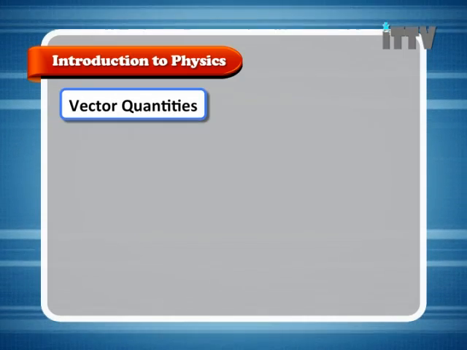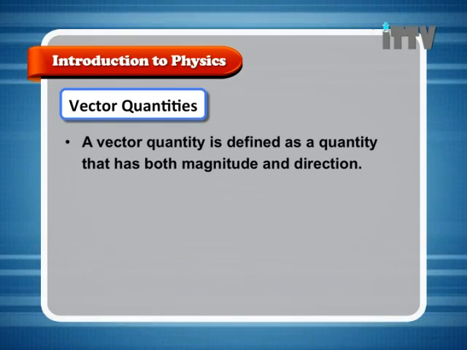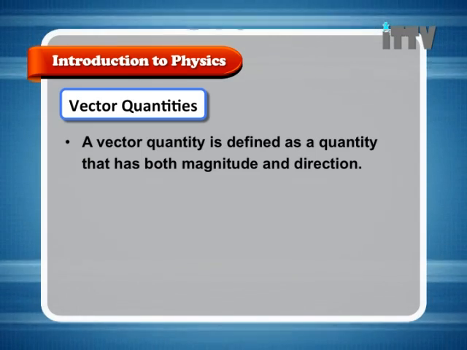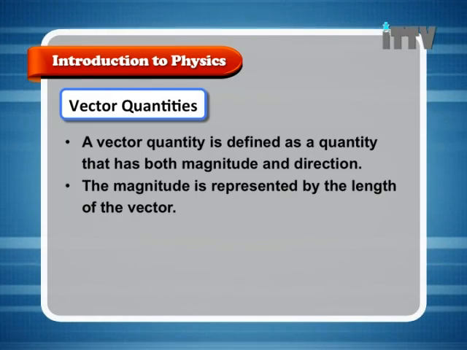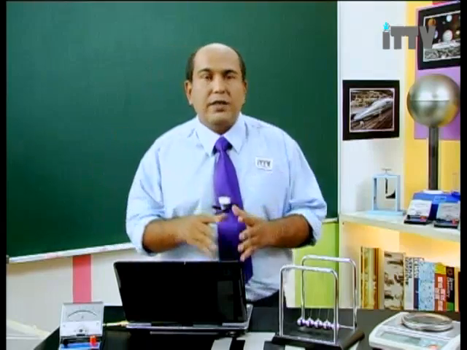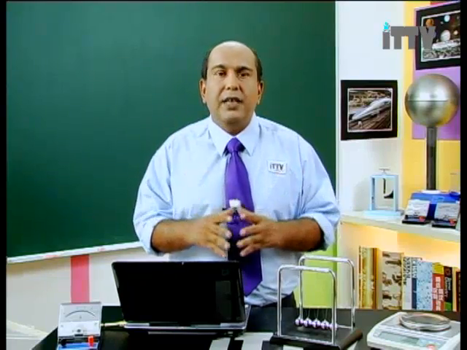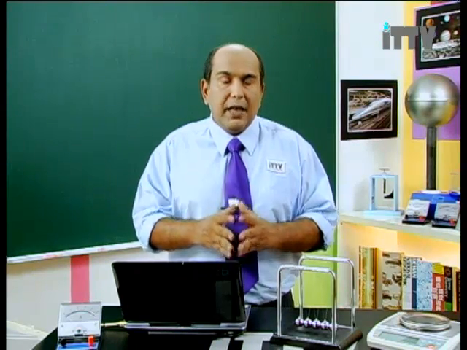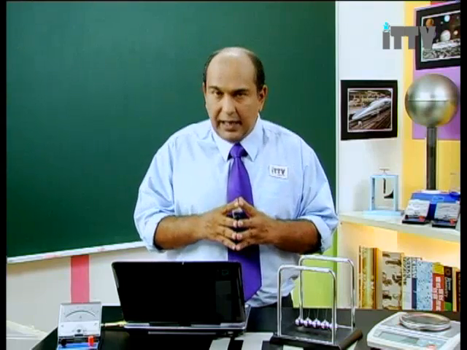Vector quantities. A vector quantity is defined as a quantity that has both magnitude and direction. The magnitude is represented by the length of the vector. So here, a vector quantity is quite different from scalar. Here we have both magnitude and direction. Now we can represent a vector quantity by drawing a vector line.